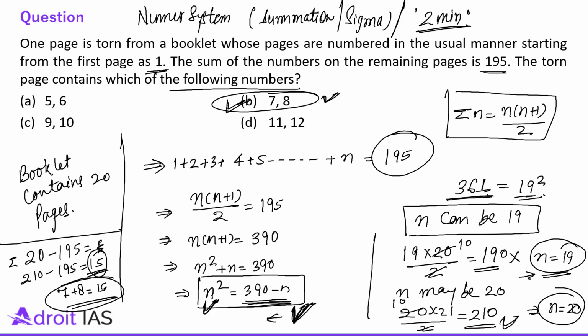If you are taking around 150 to 200 seconds, that is okay. So 2 minutes is the ideal time. If you are taking 30-40 seconds more, then it is also okay. But if you are taking 5 minutes for this question, then it is not okay.